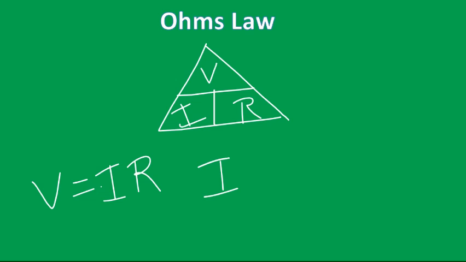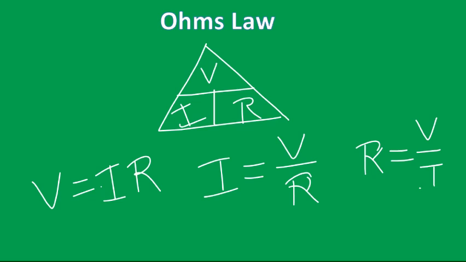When you say I, it is I is equal to V by R. And when you say R, it is R is equal to V by I. V means voltage. In some textbooks it is given as E, which is nothing but electromotive force.